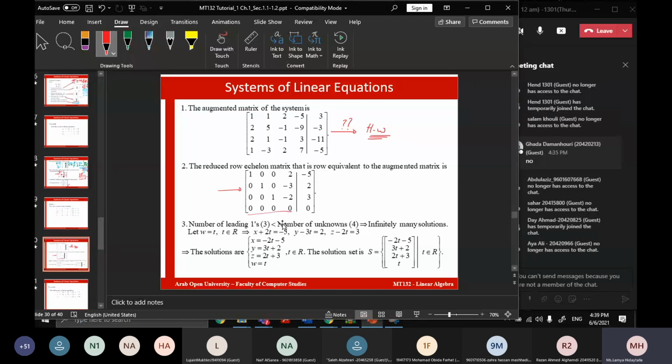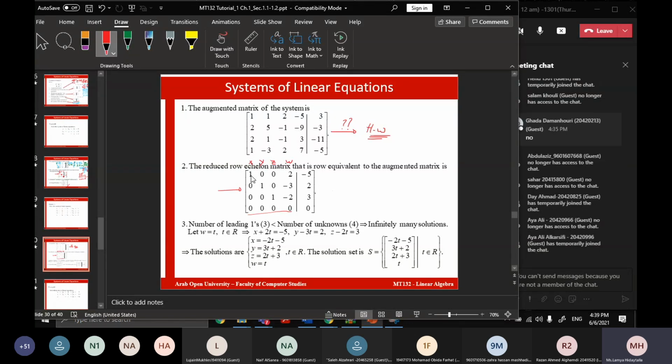How can I find the solution? Tell me. We did it just a few minutes ago. We said what? This is corresponding to the x, this is corresponding to the y, this is corresponding to the z, and this is to the w, correct? Okay, then what do we have? This is the leading one of the first row. This is for the second row, and this is for the third row.